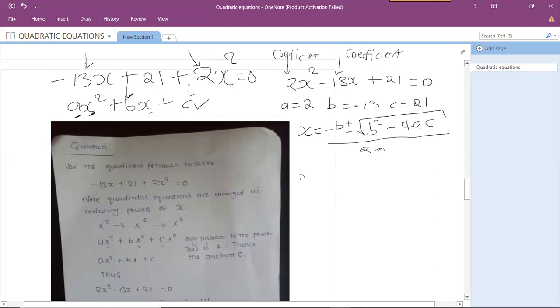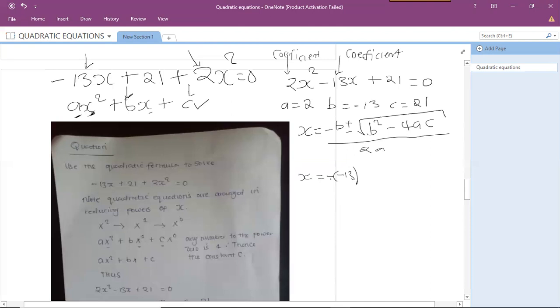Why am I saying use brackets? Because someone can just say x is equal to minus 13, where there's b I've plugged in 13, and you get it wrong here. Instead, you have to do this, because the minus is part of the equation.